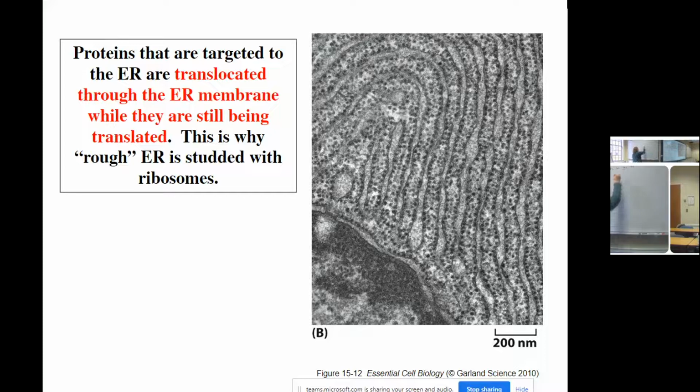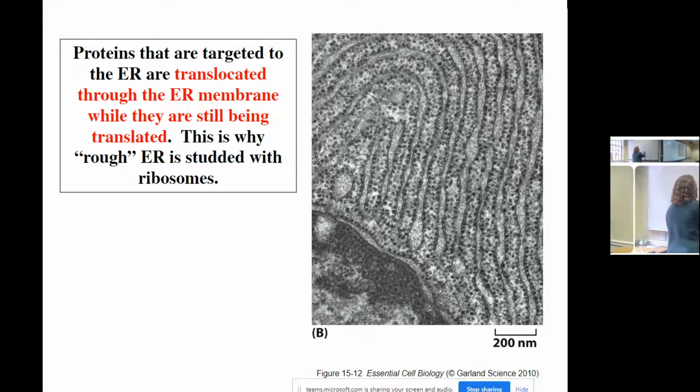So if it's going to the extracellular space, that might be because the protein is going to be secreted outside the cell. If the protein needs to be in the plasma membrane, or in the cell membrane, it would need to go into the ER first.